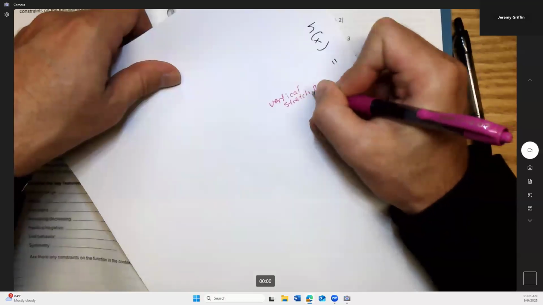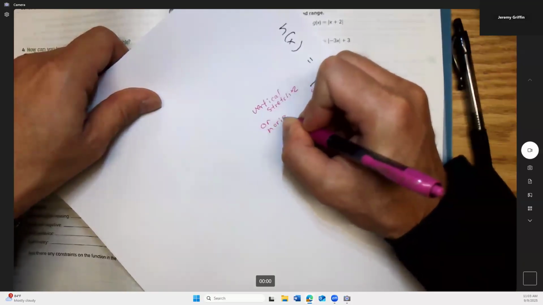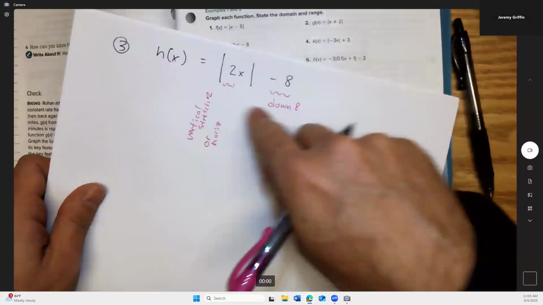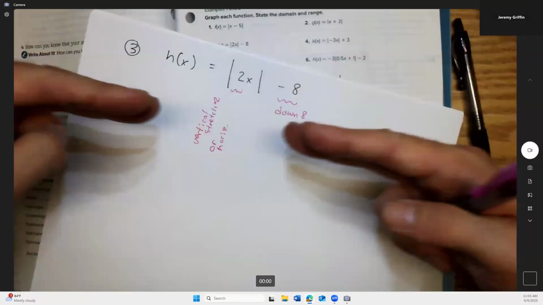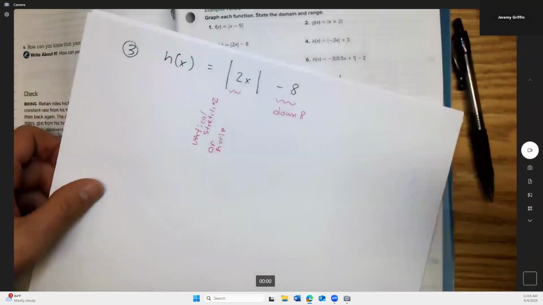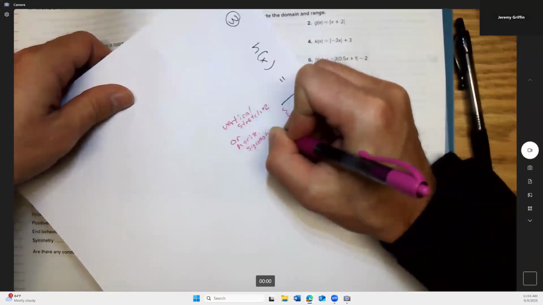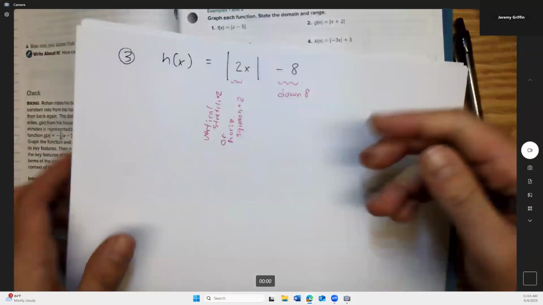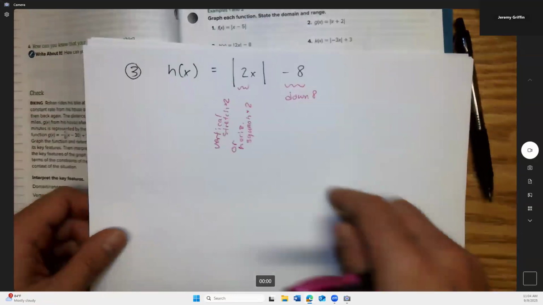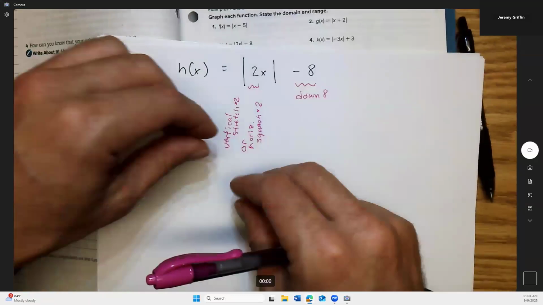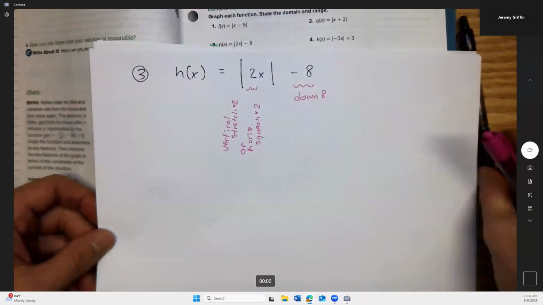Or horizontal, which is probably a better interpretation, strictly speaking, because it's inside the absolute value. Horizontally, it squashes it by a factor of 2, or you could say stretch times a half. It's opposite of your intuition. Vertically, it would just stretch it by a factor of 2, but horizontally, it squashes it. Of course, those end up being the same thing.